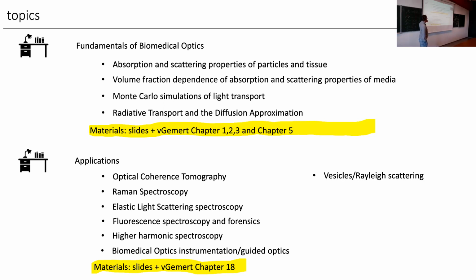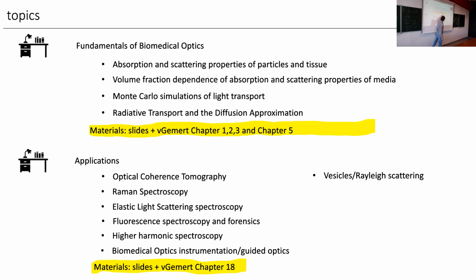That was one of the workhorses. Basically the slides for that are the materials, and also chapters 1, 2, and 3 of the book of Vo give you a good overview of the field and some of the topics that are here.